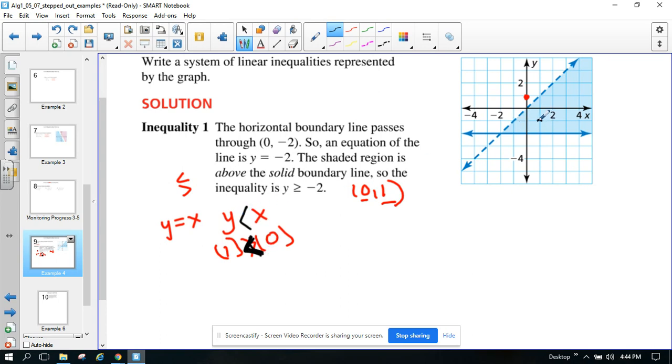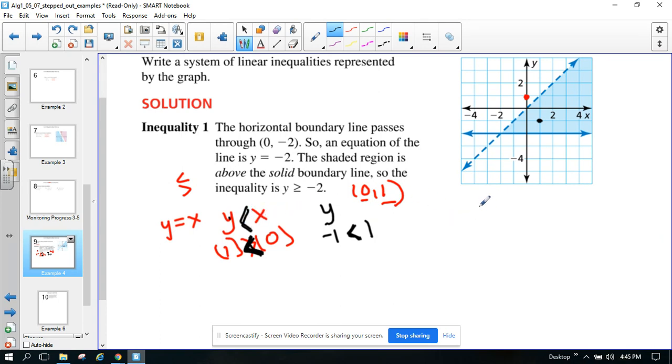Or if we want to pick a point over here to know which direction it goes, you could pick this point and you would say that -1 is less than 1, so we know it goes this direction, so y is less than x.